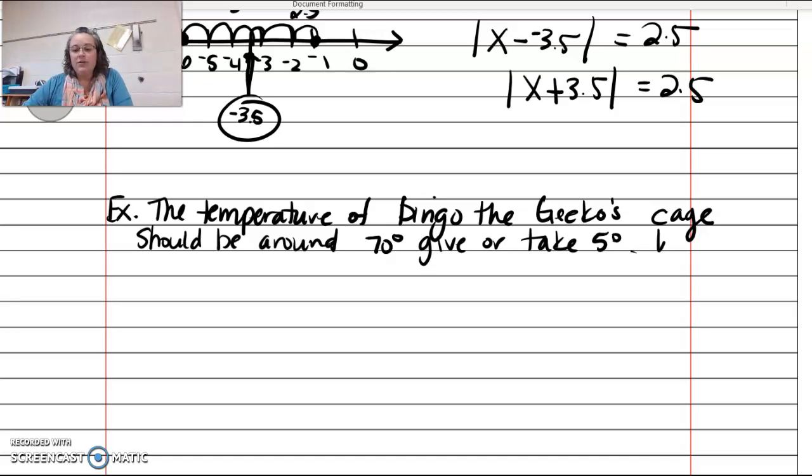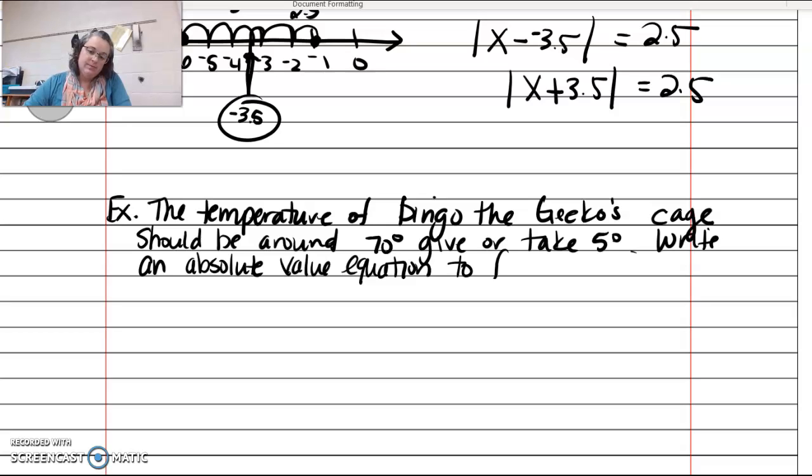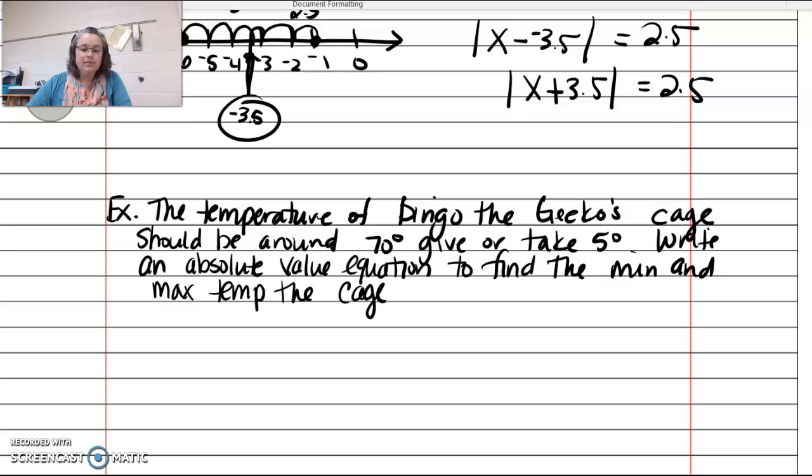What we have to do first is write an absolute value equation to find the min and max the cage should be at. So they pretty much in the problem gave us the solution.